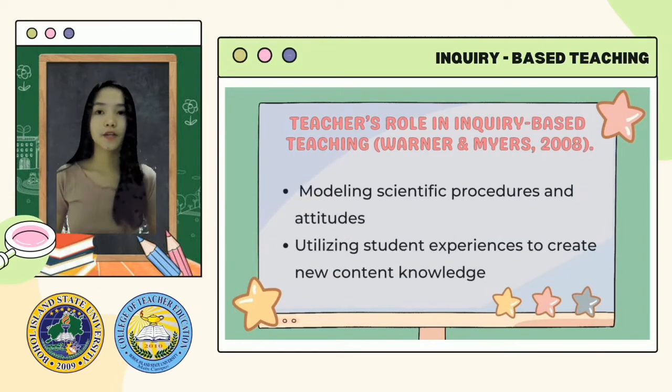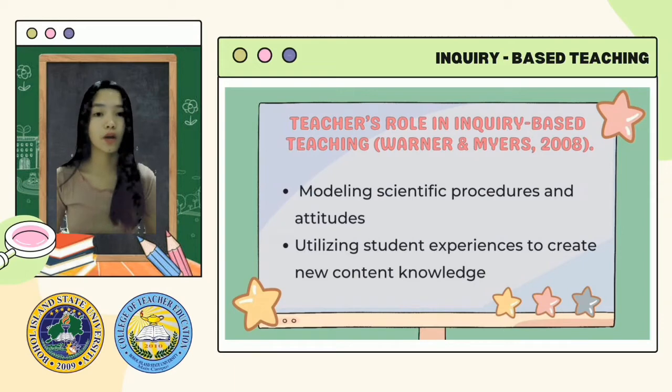Next, we have modeling scientific procedures and attitudes. Creating and using scientific procedures and concepts related to student lives and interests will help students build their scientific attitude through learning activities, and their scientific attitudes will grow through a series of experiences they discover during the learning process.